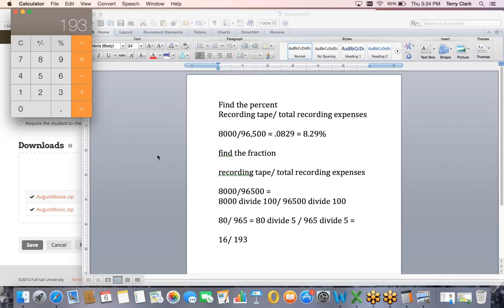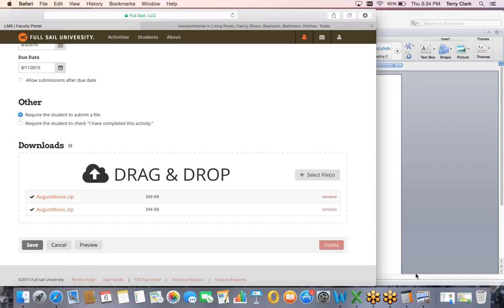Anytime you're converting it to a fraction, putting it in fraction form is going to be easy. You're just going to take the numbers, put one number as a numerator, the other number as a denominator. But the simplifying part, reducing it down to its lowest form, is going to require some work.